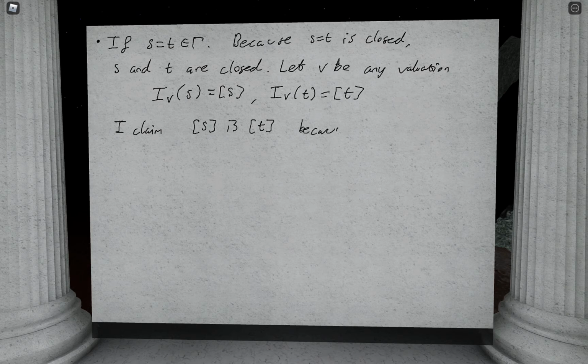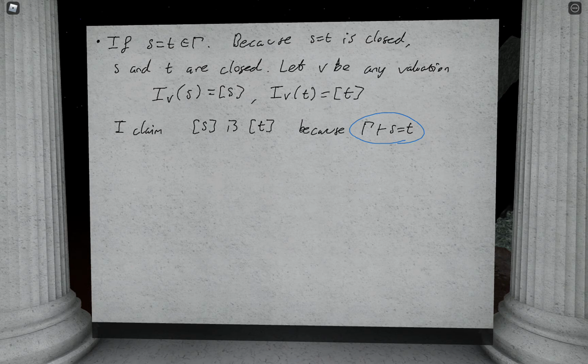Because gamma proves s equals t. So I can kind of just appeal to this, which is the relation I was using to define these equivalence classes. So this is just true for any equivalence classes you form.